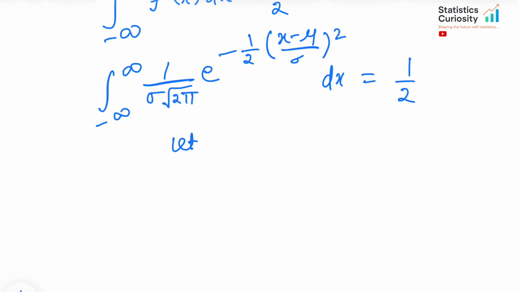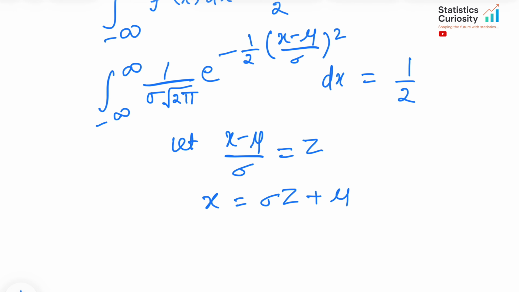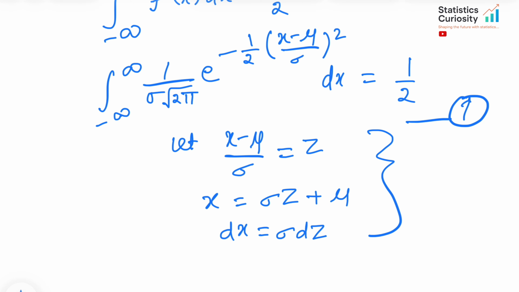Now we will once again assume (x minus mu) upon sigma as z, and we already know x equals to sigma z plus mu and dx equals to sigma dz. Okay, and we will substitute these values in this equation. Let's call it 2.